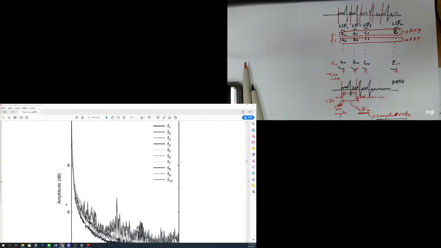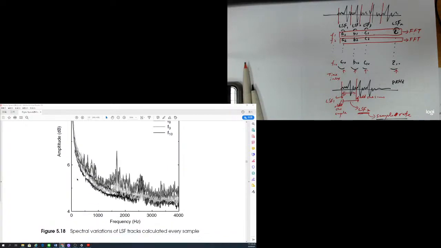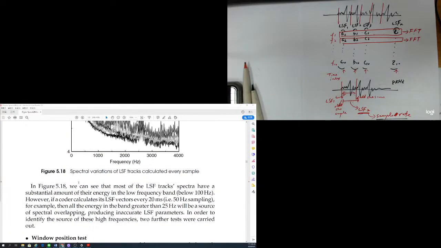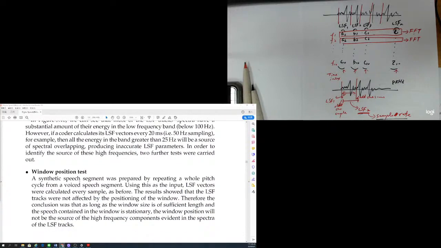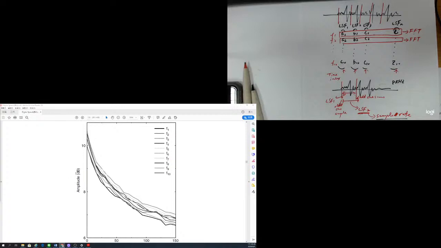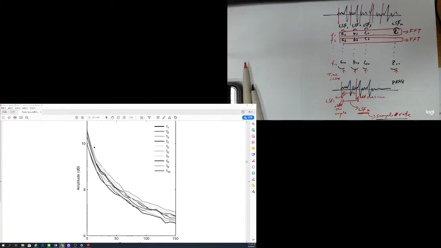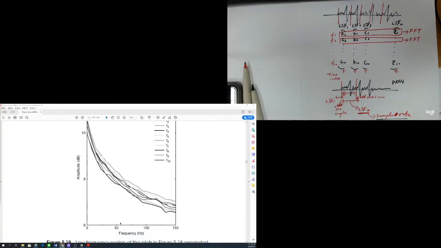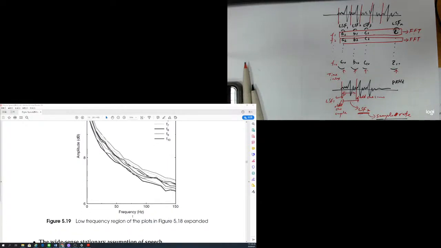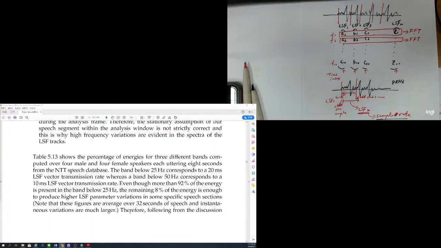So this one is very small compared to low frequency. Looking at the low frequency amplitude, what percentage of energy do they occupy below 25 hertz, 50 hertz, and up to 100 hertz? They give you some idea in this table.